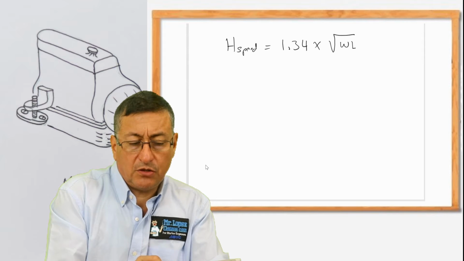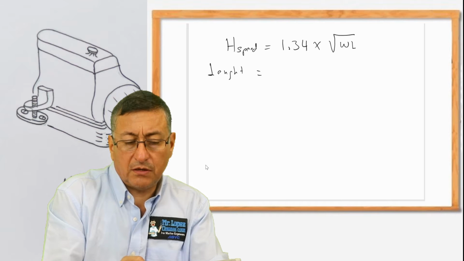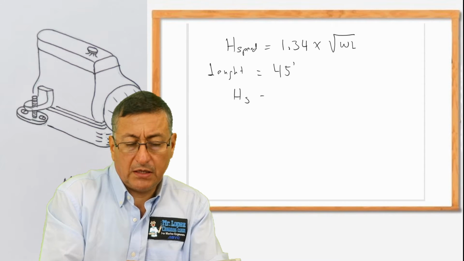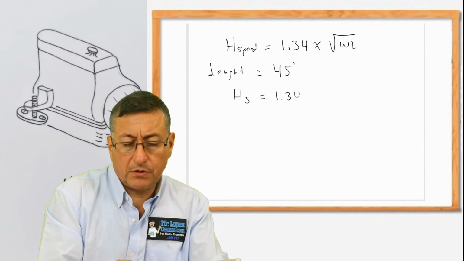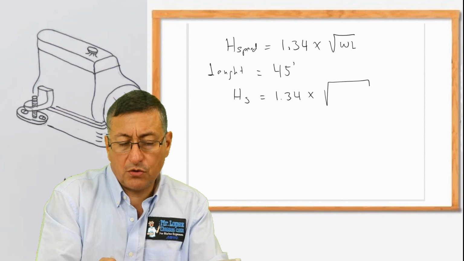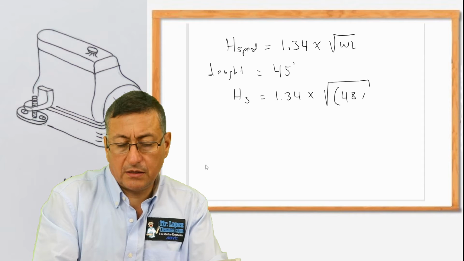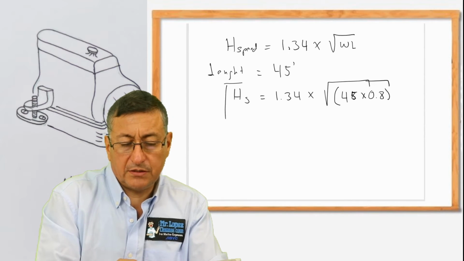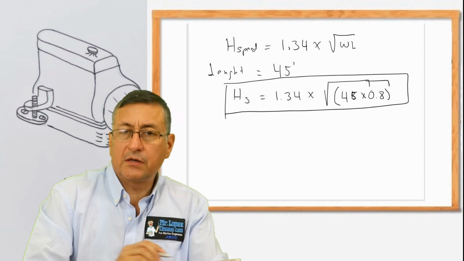Suppose that the total length of the boat is 45 feet. The hull speed is equal to 1.34 times the square root of 45 times 0.80. This is 80% of the total length, and this is the hull speed, right?